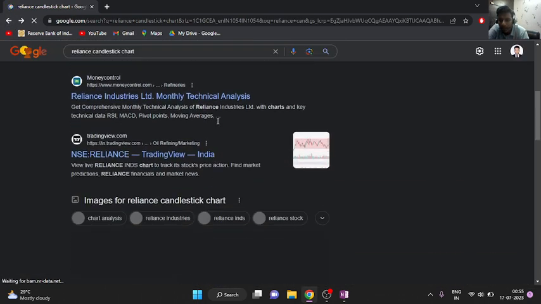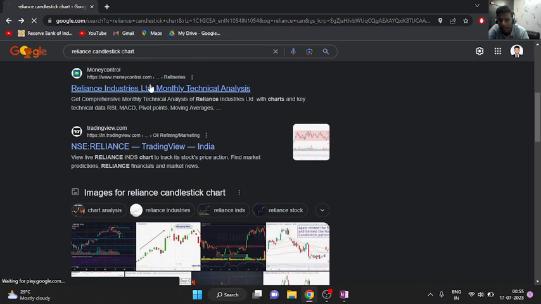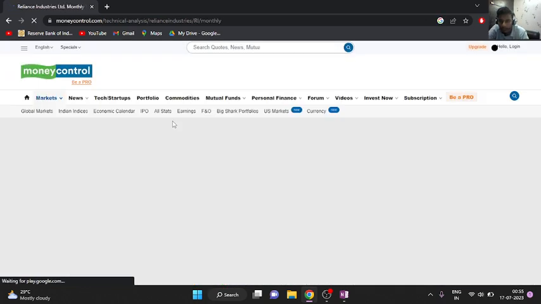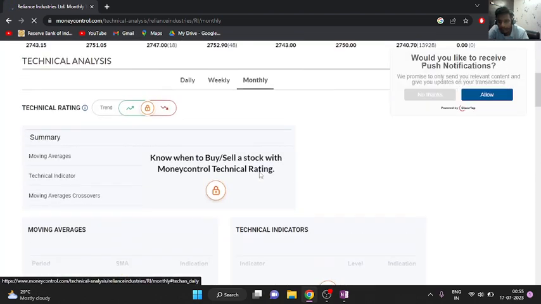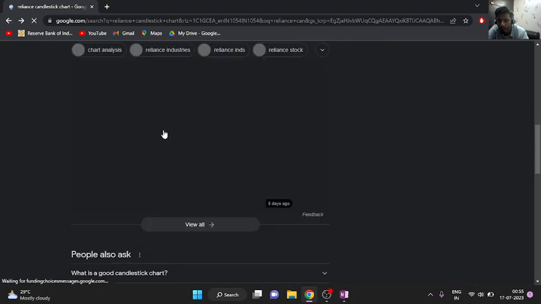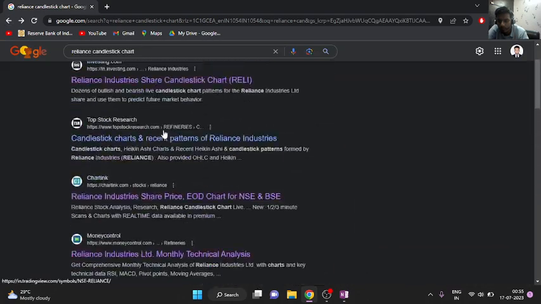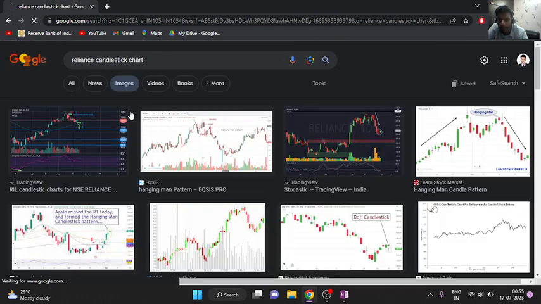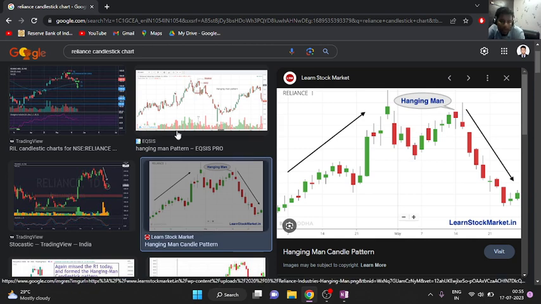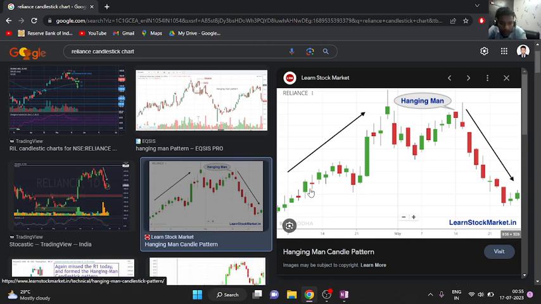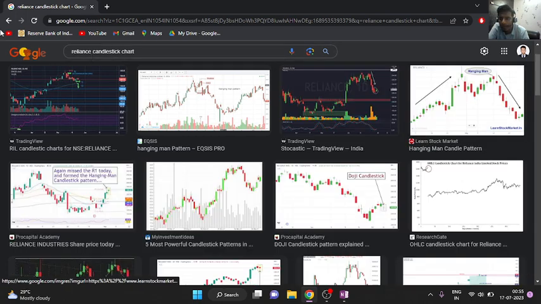Let us take a different one. Let us directly go to images. Okay, this one is good. Here you see a doji candle, and then there are greens going up, but it does not mean it should go up. Let me check a real-time example for you.